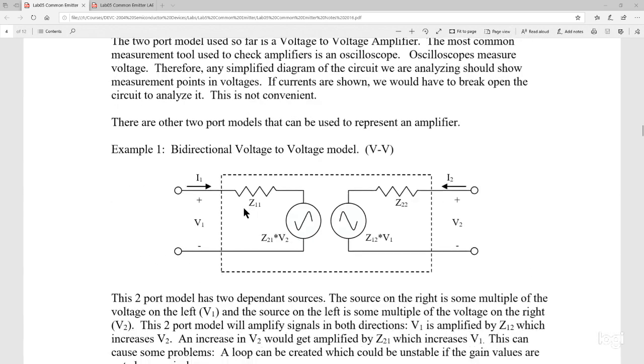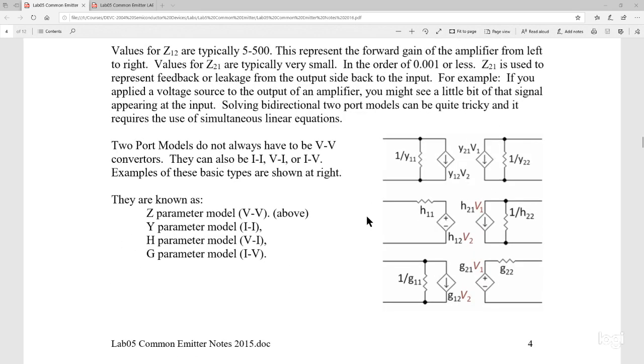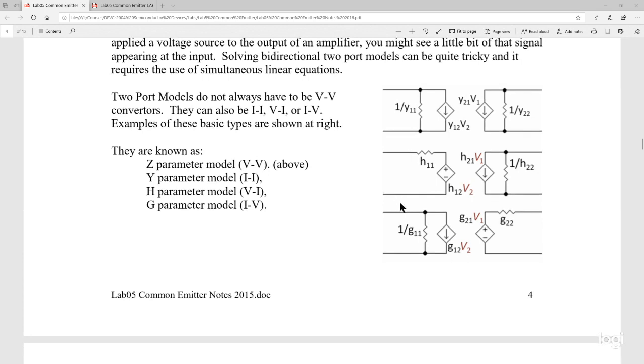We talked a little bit about other two-port models. The one we're dealing with is an approximation of the full model, which has bidirectional action and is kind of hard to solve unless you use simultaneous linear equations. And then there's a whole bunch of Z parameter, Y parameter models that make it even more difficult. But we're going to try and keep it fairly straightforward.